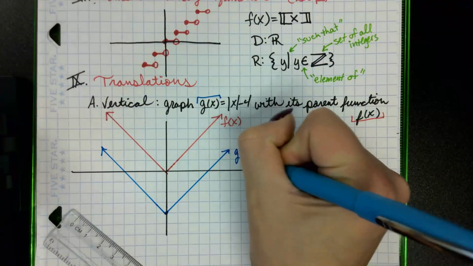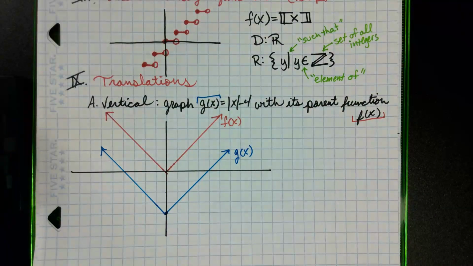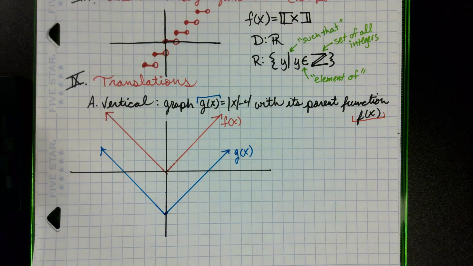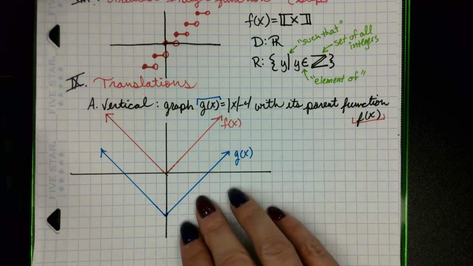And that would be g of x. And label it. So there is a lot of graphing. Your homework is graphing this assignment. So you will need to graph. All right, next one.